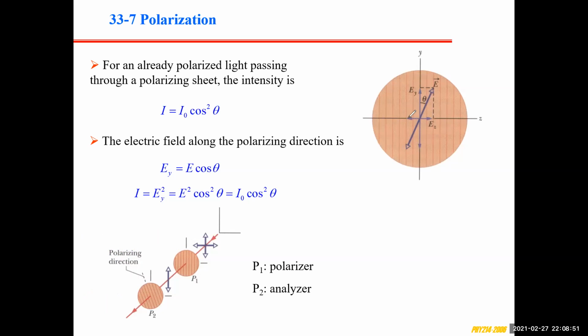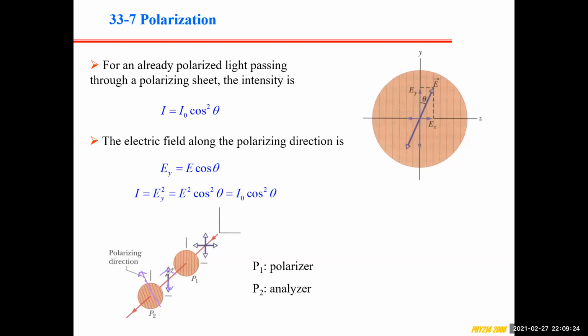This basically explains the intensity after the light has already been polarized. Let's say the light is already polarized, and then you send it through a second polarizer, whose polarizing axis is now in this direction.